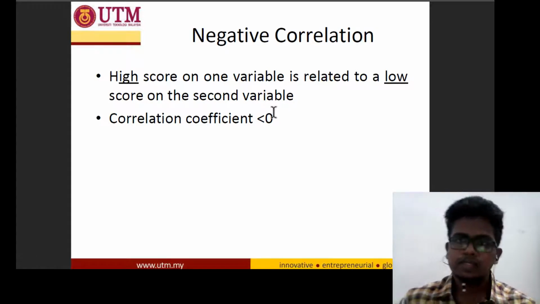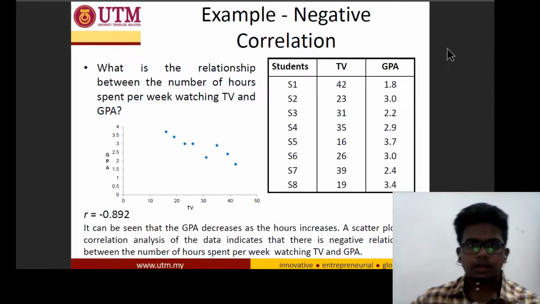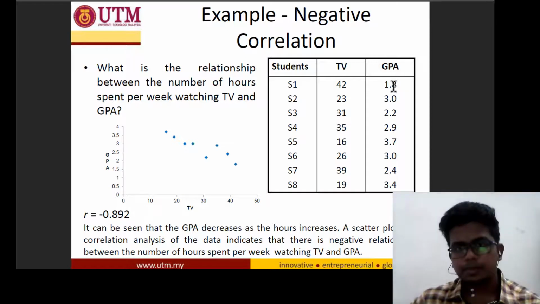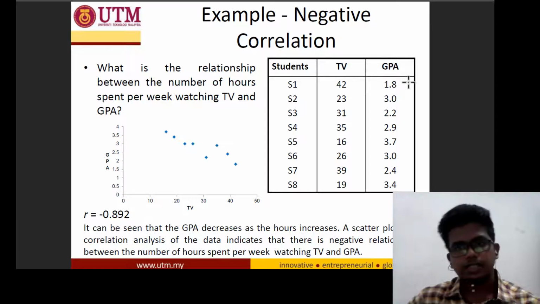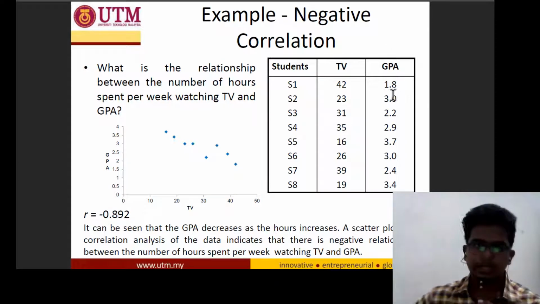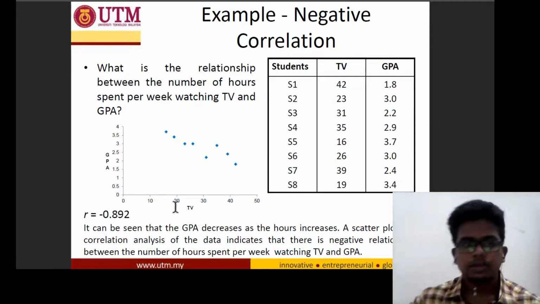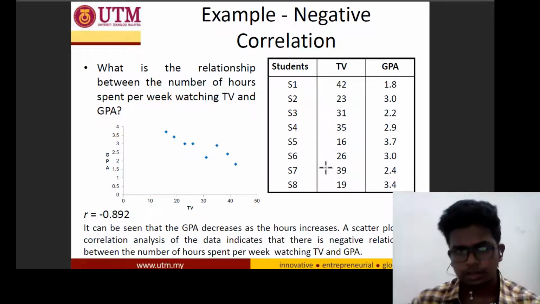It means the dependent variable will get lower. We can see that the dependent variable is GPA. If you watch much more TV, then your GPA will decrease, so that's why it's a negative relation. The more you watch, the more your GPA goes down, so it is a negative relation.